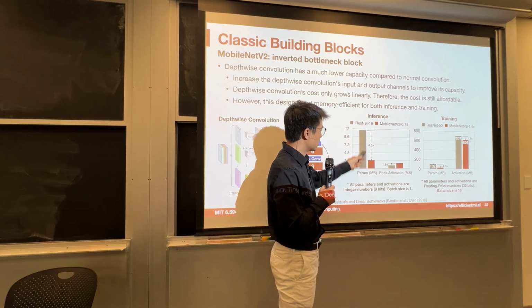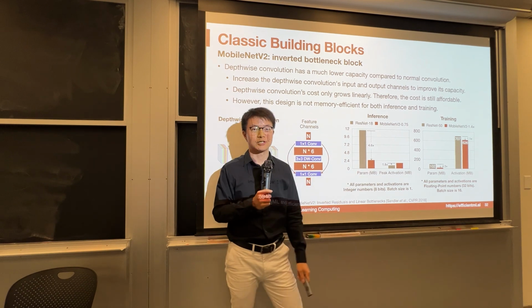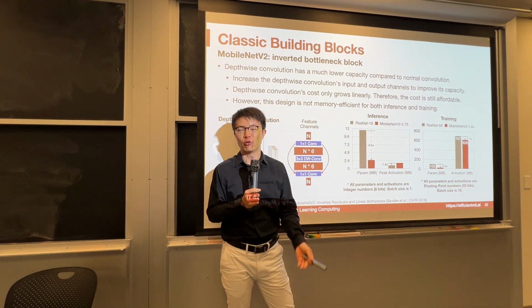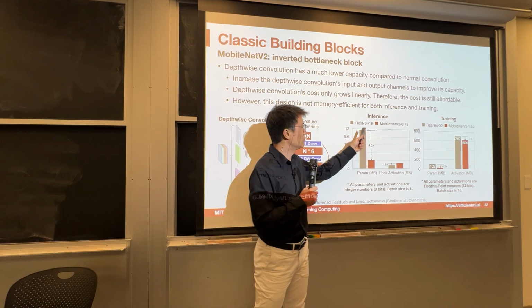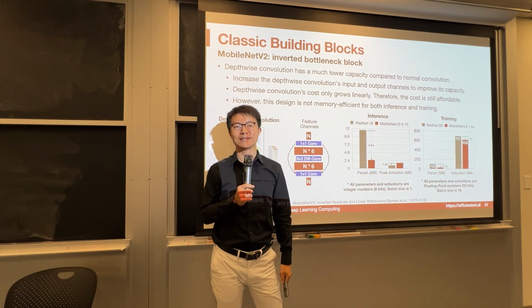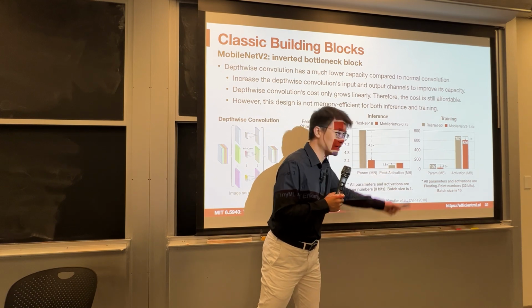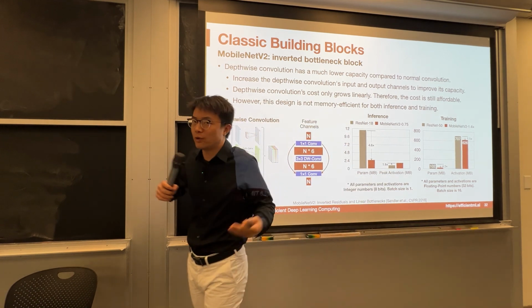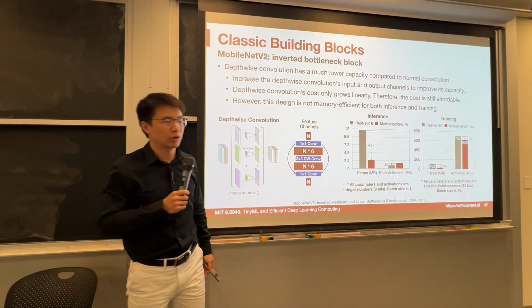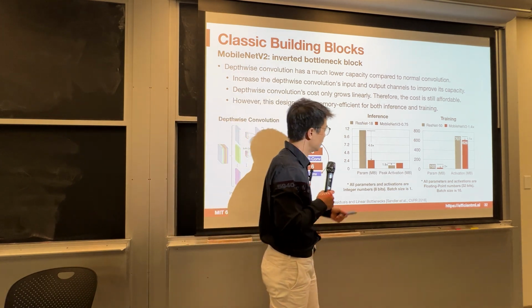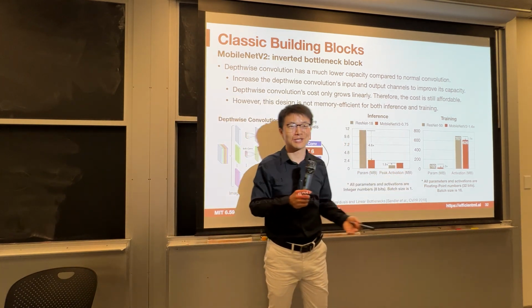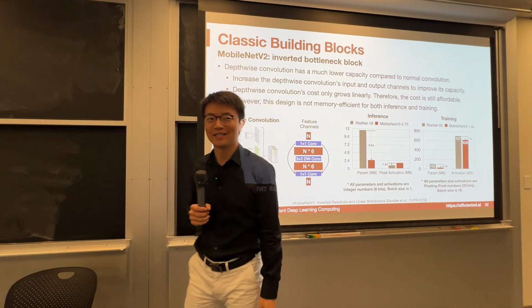The parameter size is reduced by 4.6 times from ResNet to MobileNet. This is great. However, if you look at the peak activation size, since weight is not the whole world, you also care about the activation. The activation didn't decrease, but it increased by 80%.